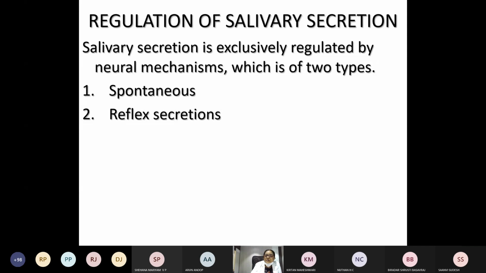Regulation of salivary secretion. Salivary secretion is exclusively regulated by neural mechanism, which is of two types: spontaneous and reflex secretions.